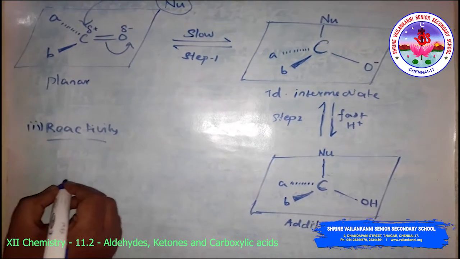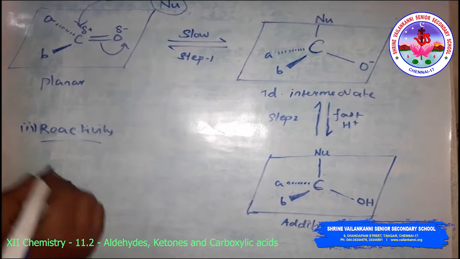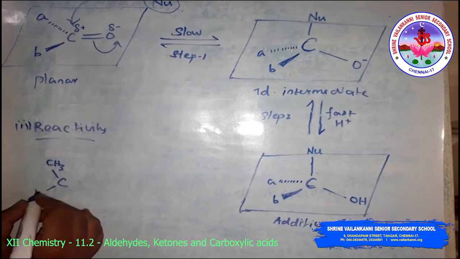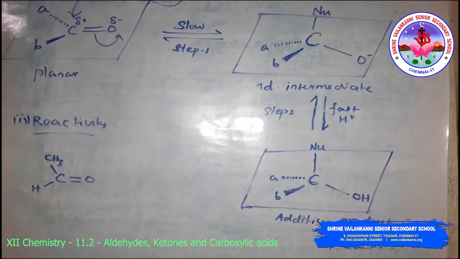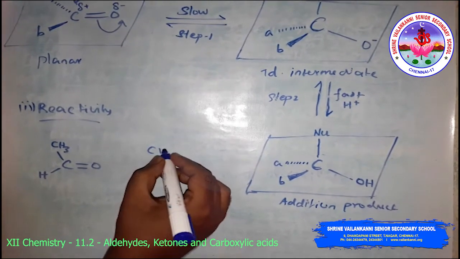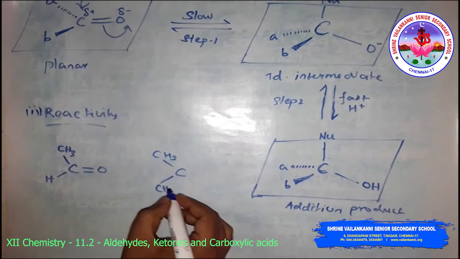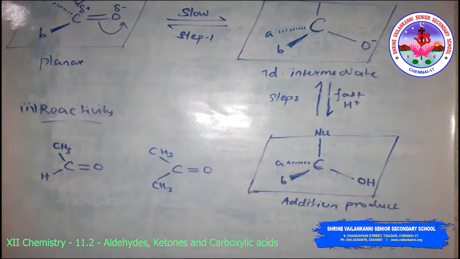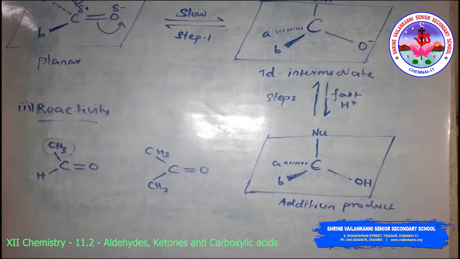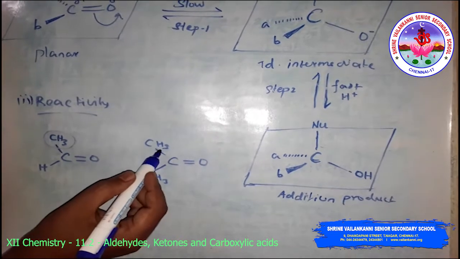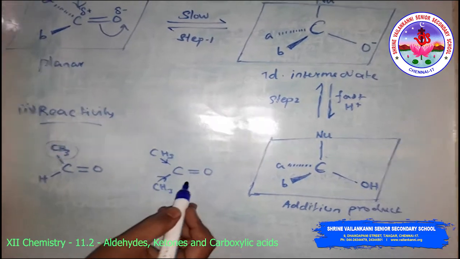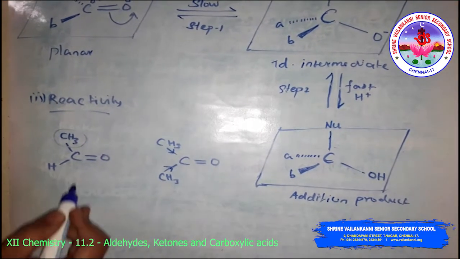For example, look at this aldehyde. Suppose you take an aldehyde and a ketone. Aldehydes are more reactive than ketones because here only one bulky group is present, here hydrogen, but here look at this, the electron release from this side, so here more steric hindrance will be there, that is why this is more reactive.